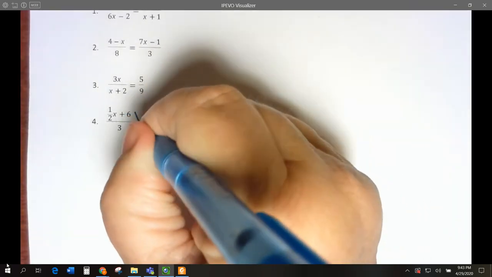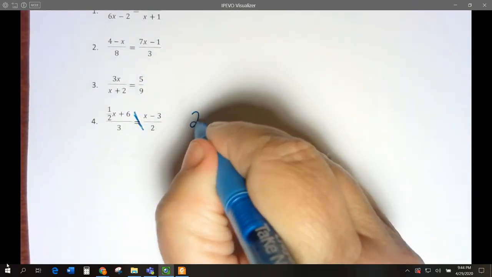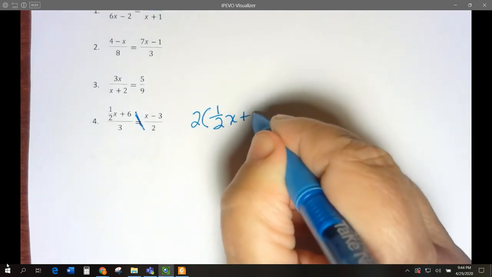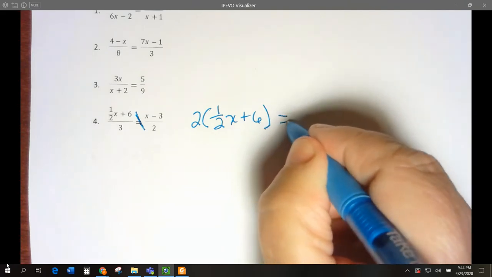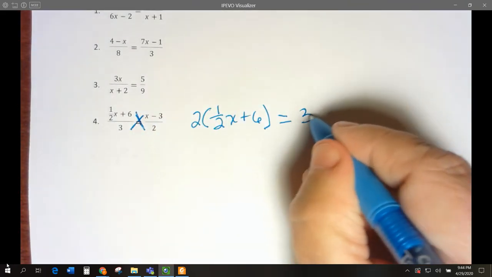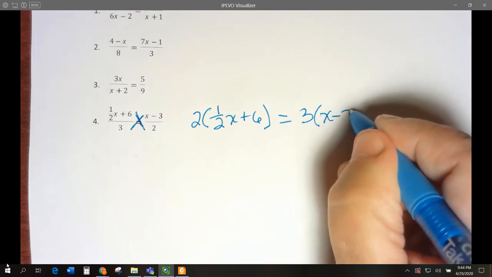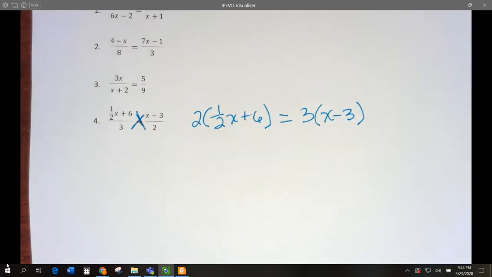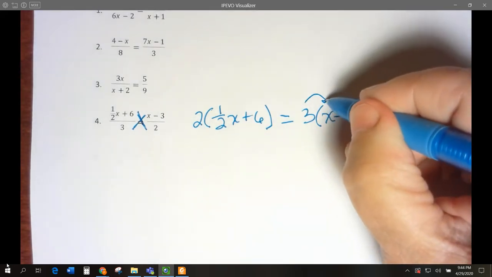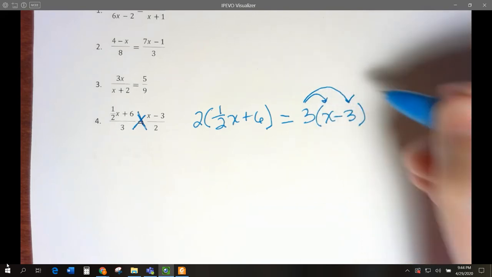So number 4, we're going to have 2 times 1/2 x plus 6 equals, then we cross multiply this way, 3 times x minus 3. Okay. Let's do our distributive property. Let's start over here, because I know you want to avoid those fractions, right?